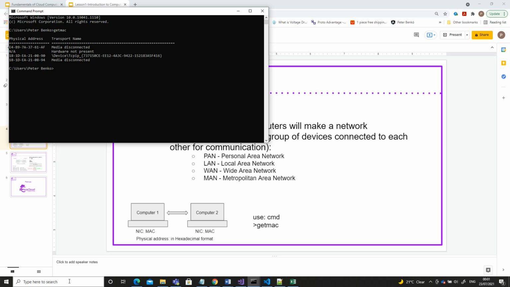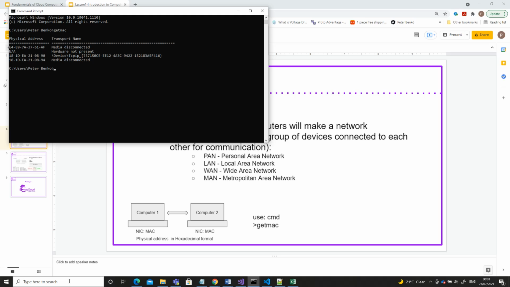The physical address is expressed in hexadecimal code, as you can see, and there are 4, or better said 3, different devices. Each device has this unique MAC code, the MAC address, and that's basically how we can find out which computer is which in the network.